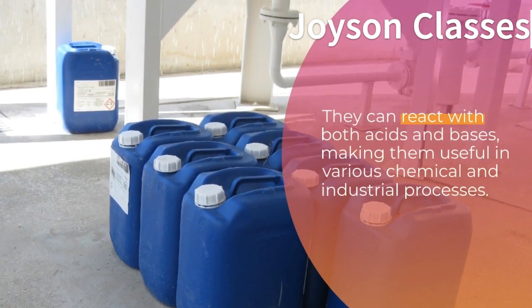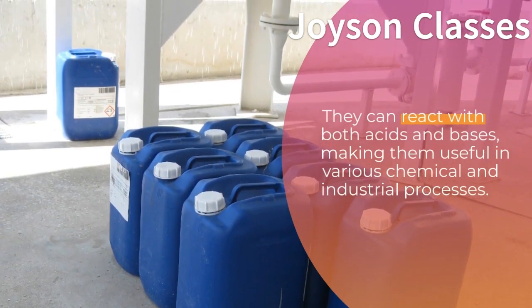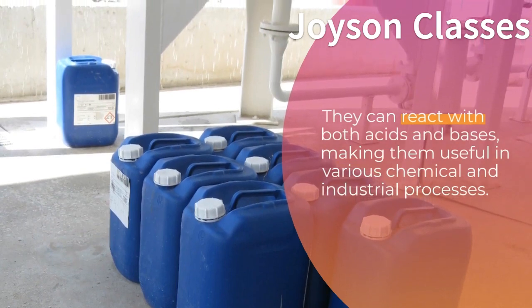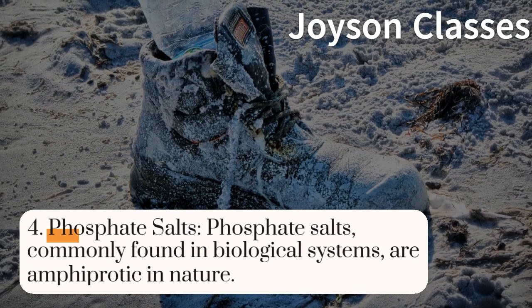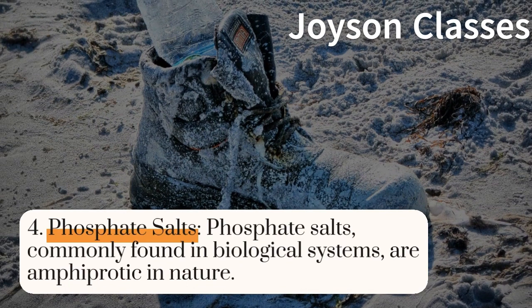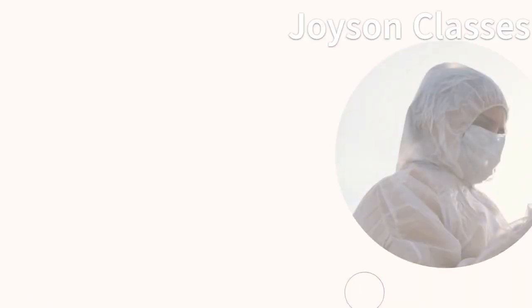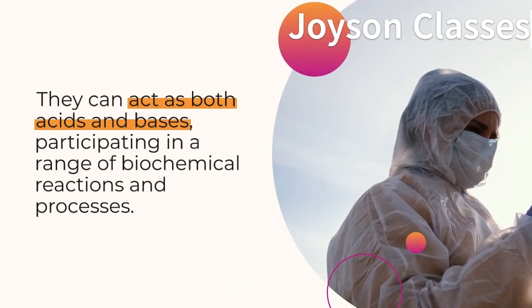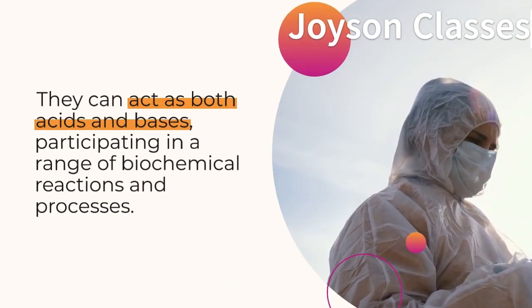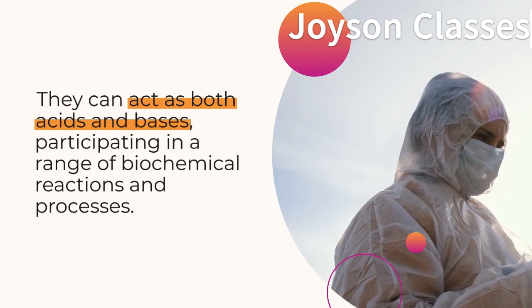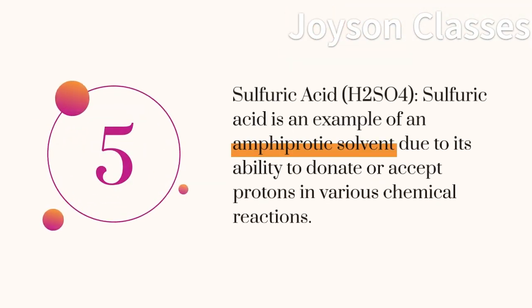They can react with both acids and bases, making them useful in various chemical and industrial processes. 4. Phosphate salts. Phosphate salts, commonly found in biological systems, are amphiprotic in nature. They can act as both acids and bases, participating in a range of biochemical reactions and processes. 5. Sulfuric acid, H2SO4. Sulfuric acid is an example of an amphiprotic solvent due to its ability to donate or accept protons in various chemical reactions.